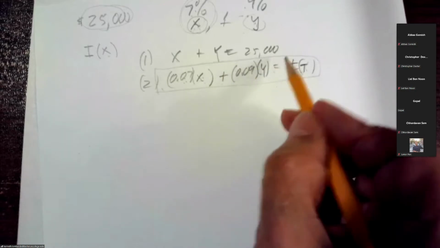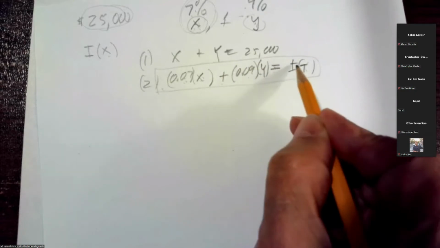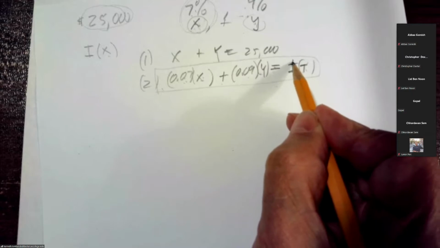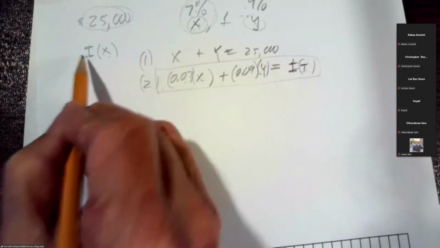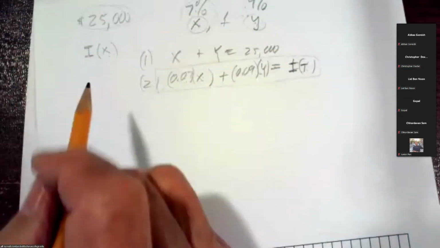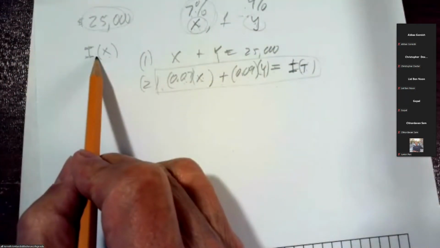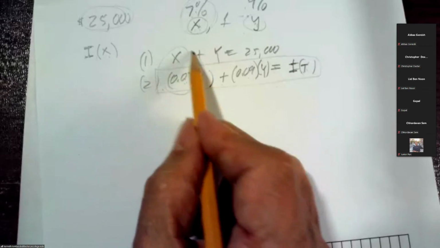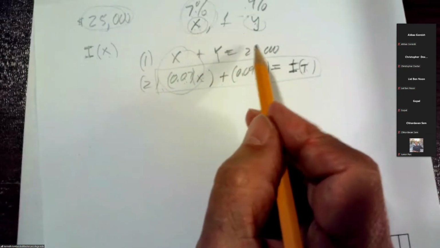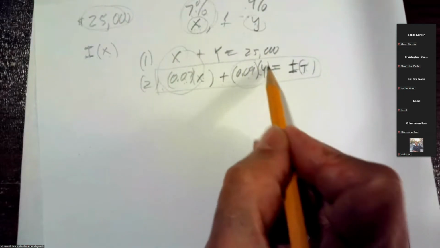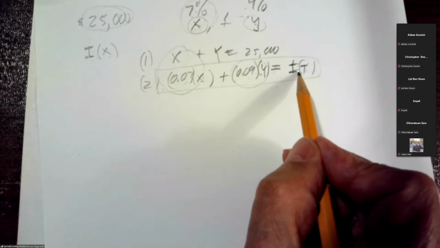Yeah, that's I, interest. That's this value here, amount of interest. So interest from X is going to be this much. Interest from Y is going to be this much, and the total interest is going to be this much.